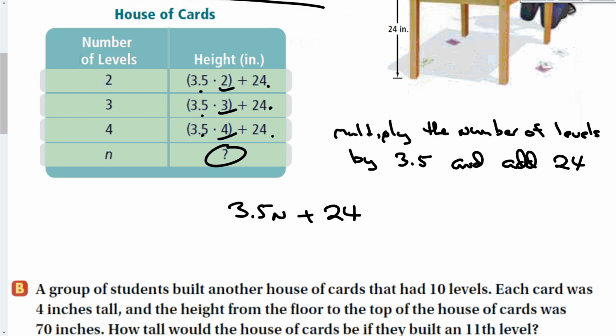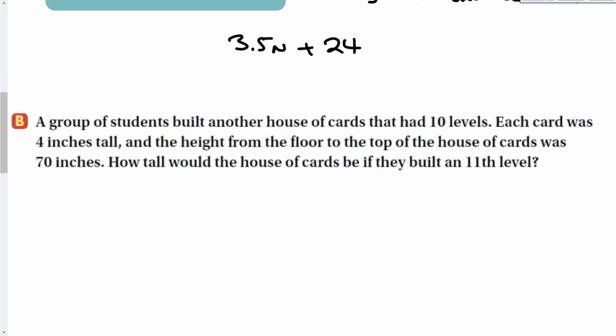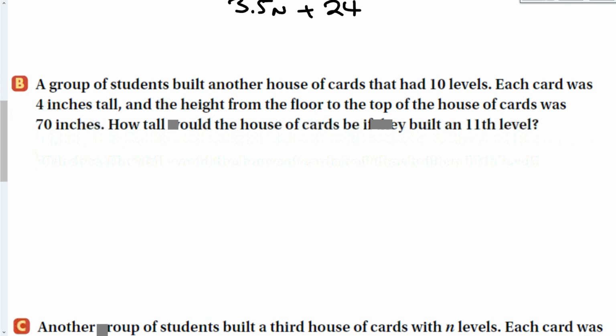Okay. So next, a group of students built another house of cards that has 10 levels. Each card 4 inches tall, and the height from the floor to the top of the house of cards was 70 inches. How tall would the house of cards be if they built an 11th level?